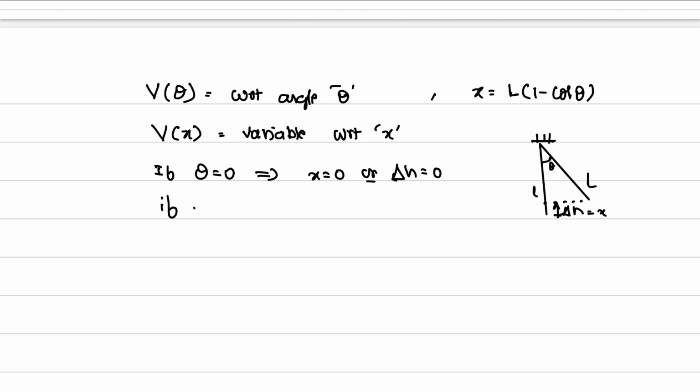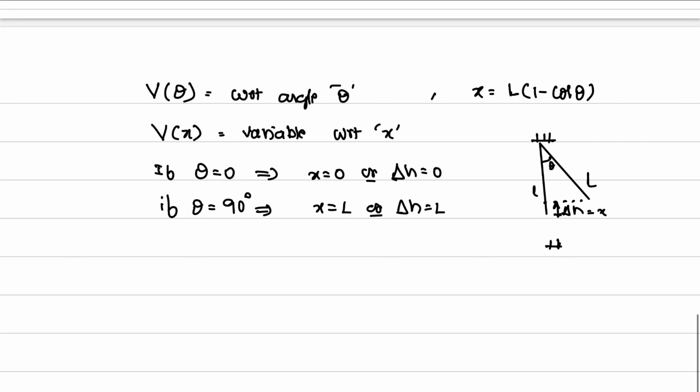If theta is equal to 90 degrees, x is equal to L, or delta h is equal to L. That is in this position. In which position? The pendulum will be in this position. This is L. Angle is 90 degrees. This is the logic behind this equation.